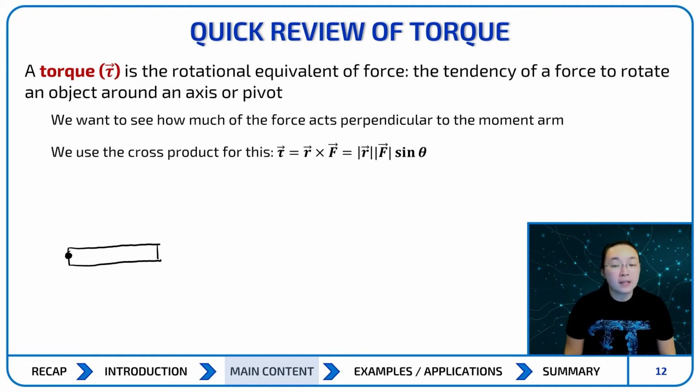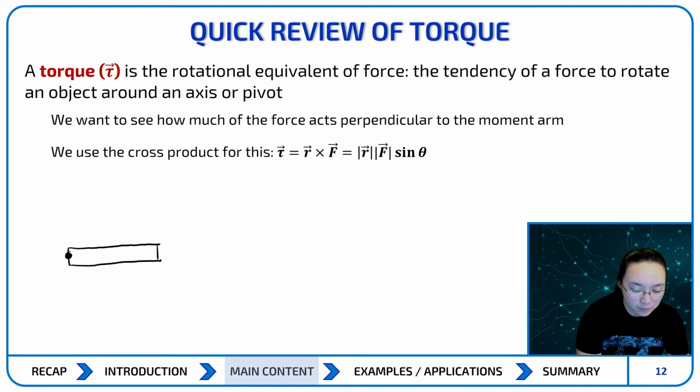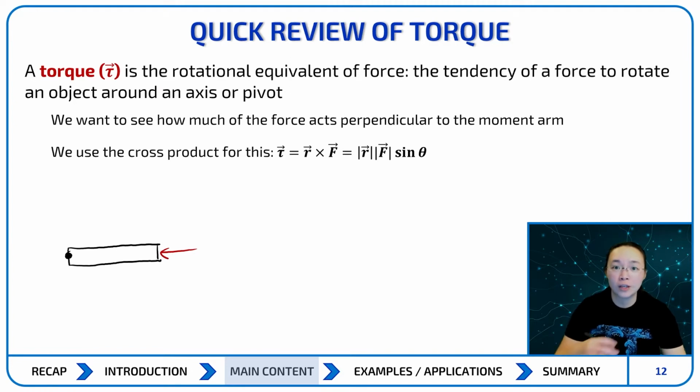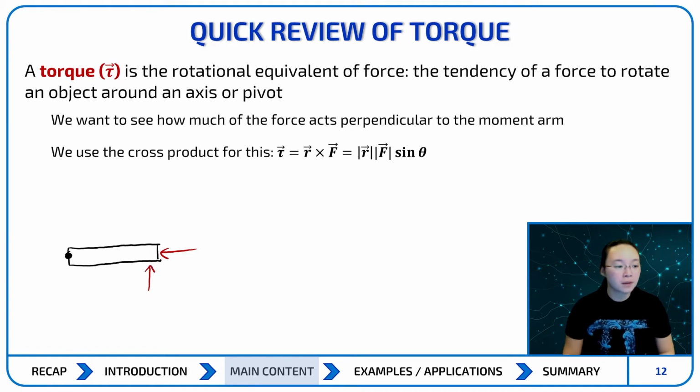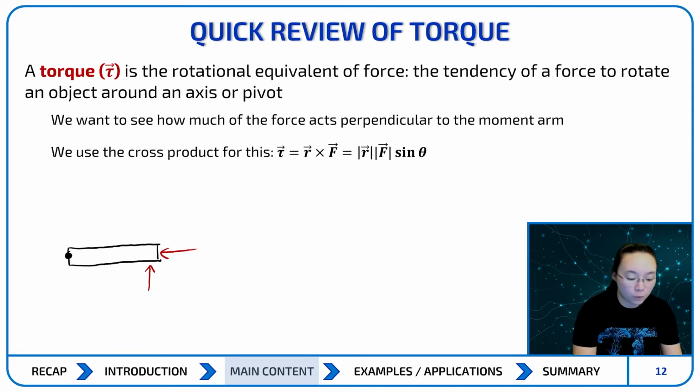Okay, so with that door, would it be more effective to apply a force this way, if you want to be able to swing it around that axis point, or would it be more effective to apply a force this way? Just using logic and your own experience, it makes sense to apply your force this way.